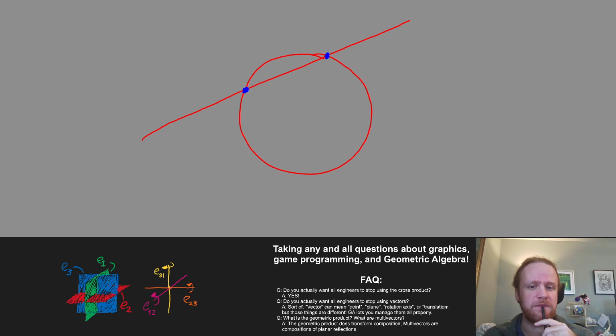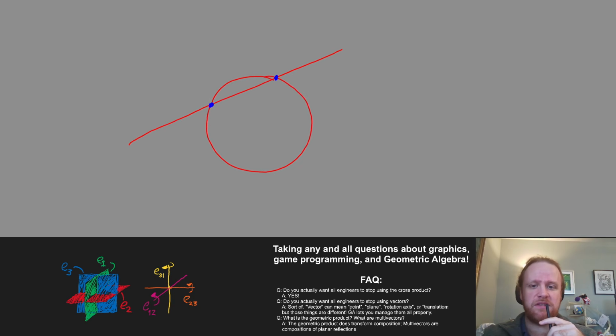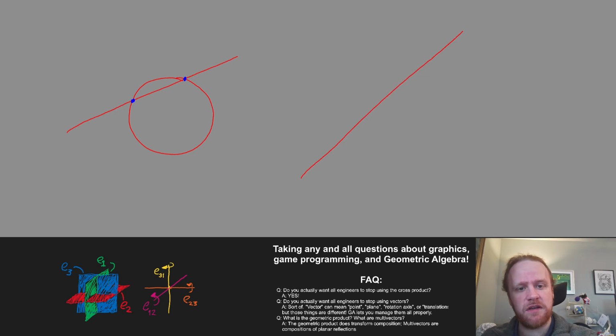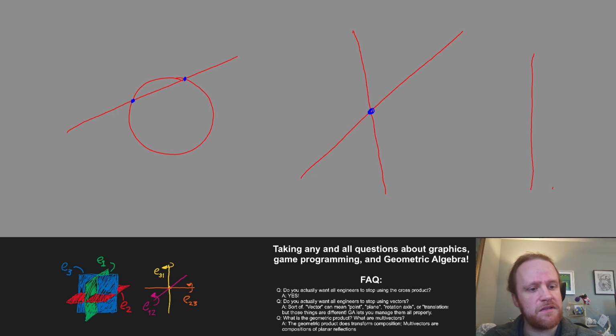But we're going to see some variations of this. Not a line and a circle, but two lines. Well, you might say, hey, they meet at 1 point. And then you could say, oh, hey, how about two parallel lines? They meet nowhere.